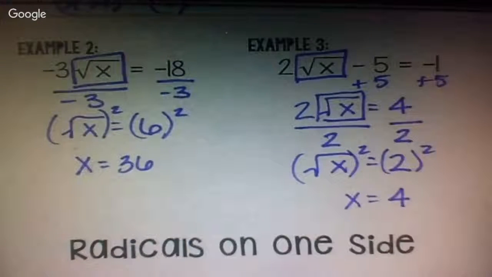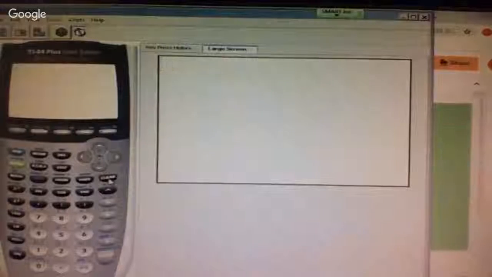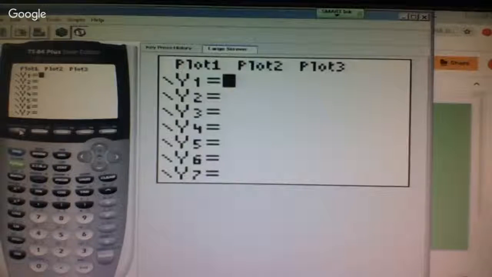Okay. Can I also show you another way on how to do this? Heck yeah, I can. Okay. So, this is kind of like doing a system of equations. Any equation that needs to be solved, you can use this method. The left side of the equation would go in for y1.